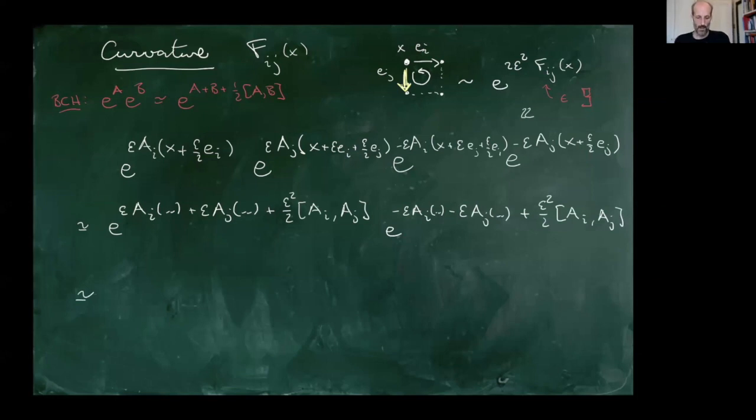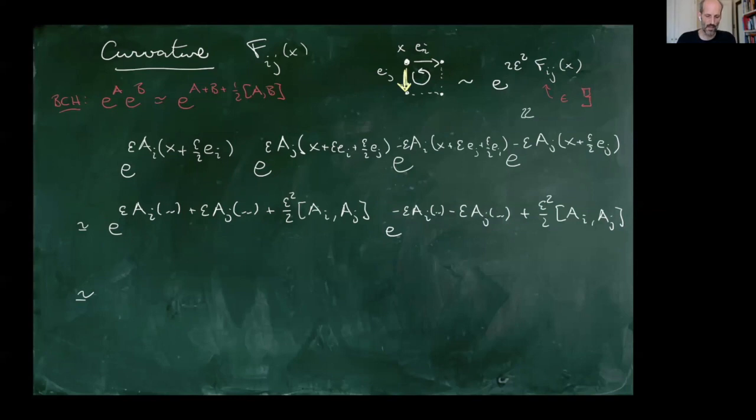And now I have to again multiply these two guys, but at this level, I actually only need to add them up. First, I only care about epsilon squared terms, so I don't care about epsilon cubed or 4. So I really only need to look at the bracket possibly between this guy here and this guy here.